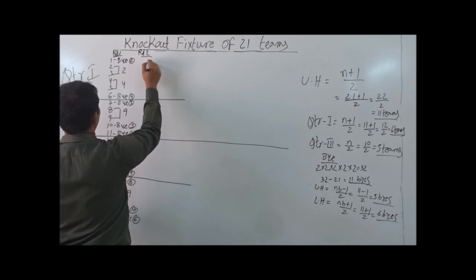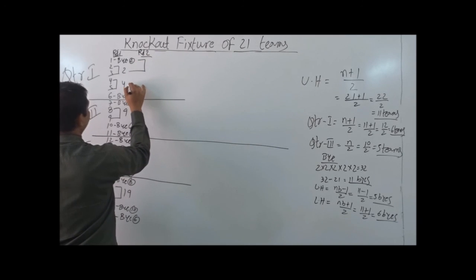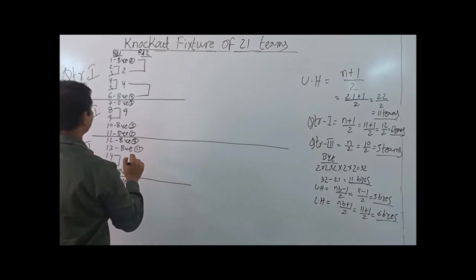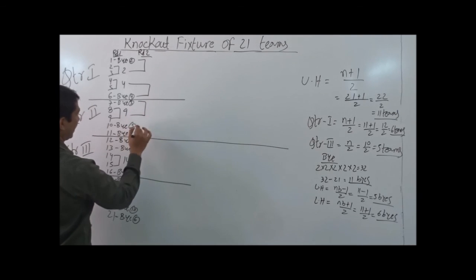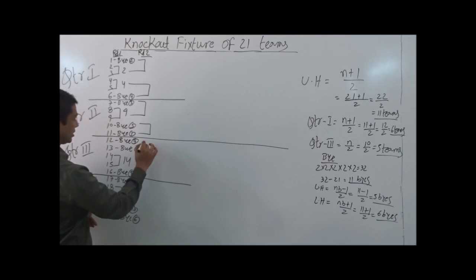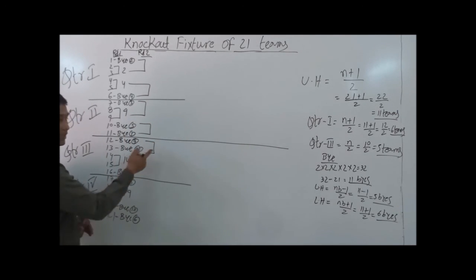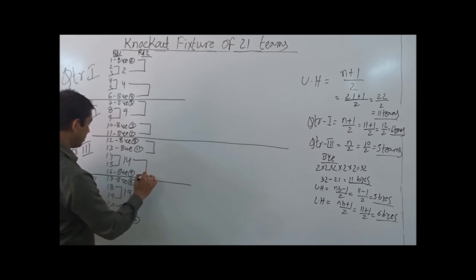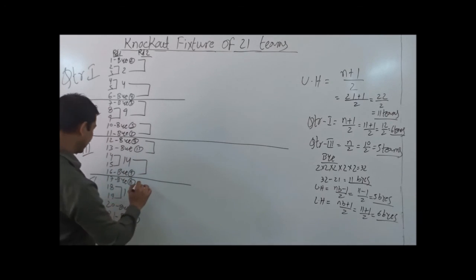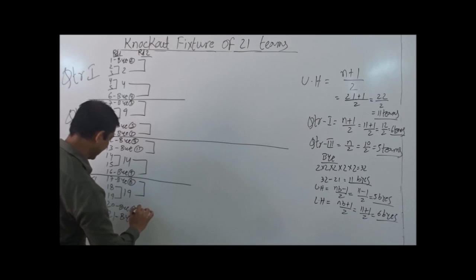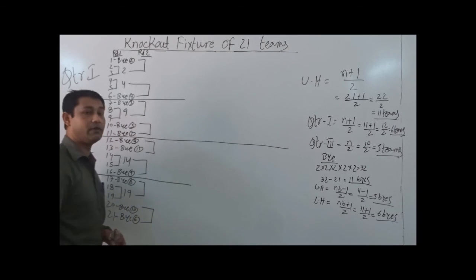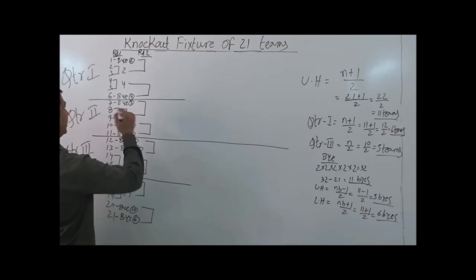Put up round 2. 1 will be playing with 2, 4 will be playing with 6, 7 will be playing with 9, 10 and 11 will be playing with each other. 17, 12 and 13 will play with each other. 14 will be playing with 16, 17 will be playing with 19, 20 and 21 will be playing with each other.